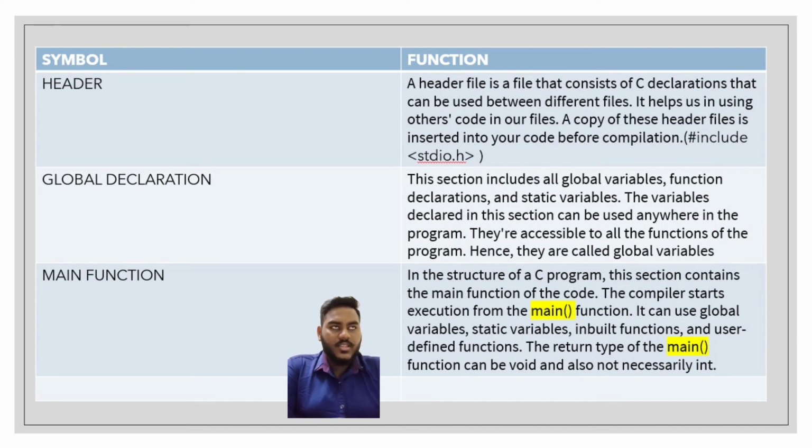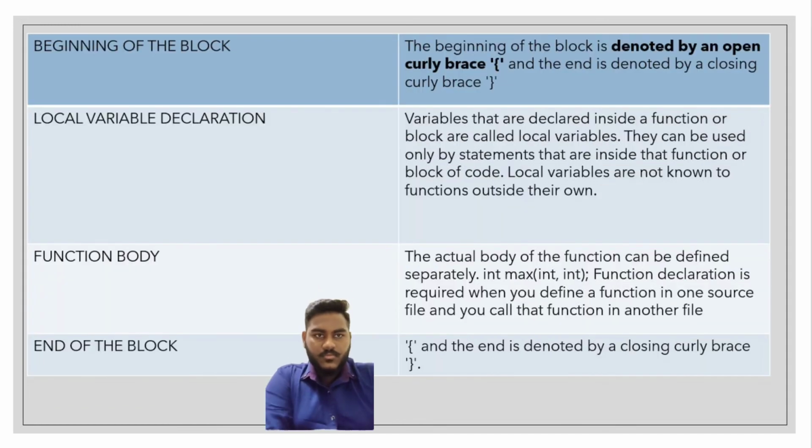The return type of the main function can be void and not necessarily int. The beginning of the block is denoted by an open curly brace, and the end is denoted by a closing curly brace.